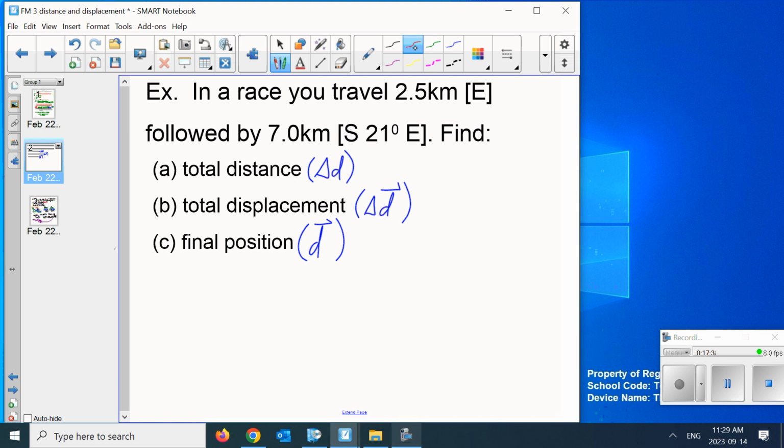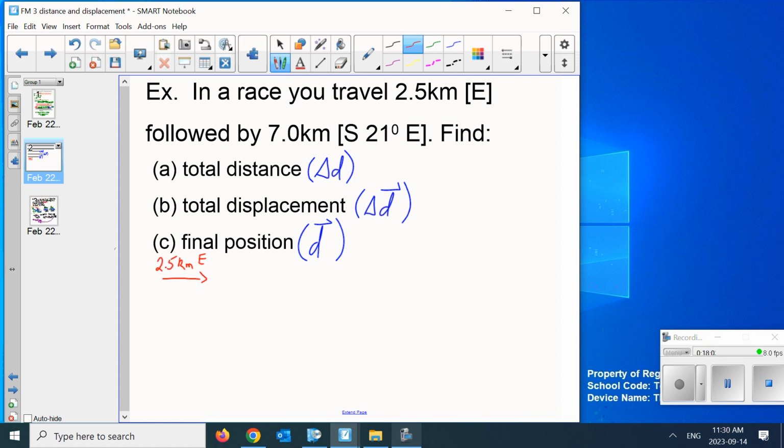So I'm even going to sketch it. So how much space? If this represents 2.5, drawing a little one, 2.5 kilometers east.